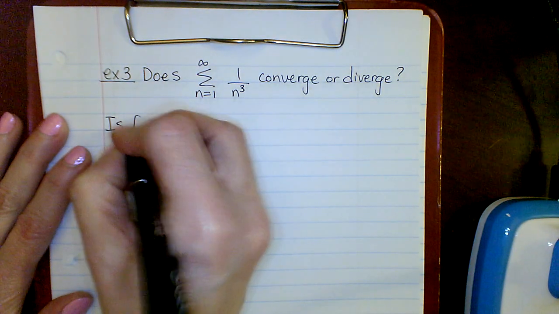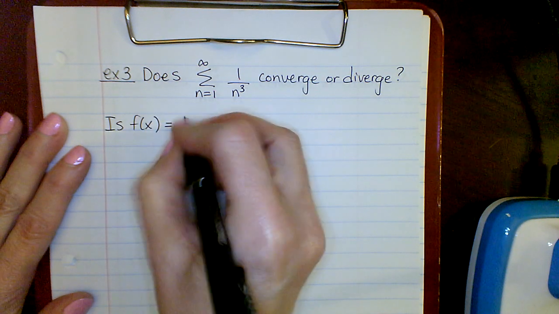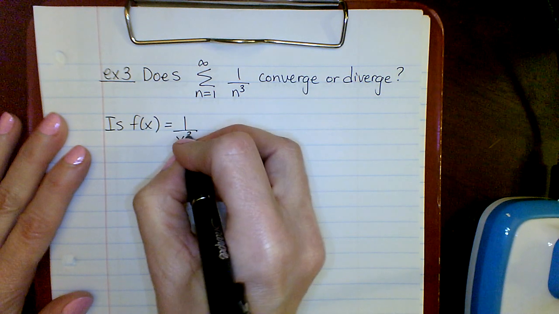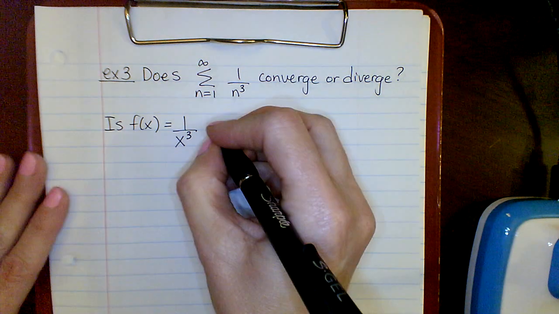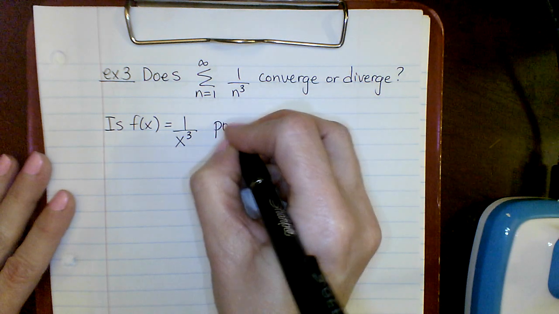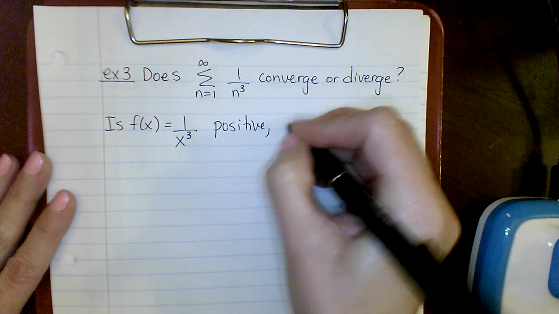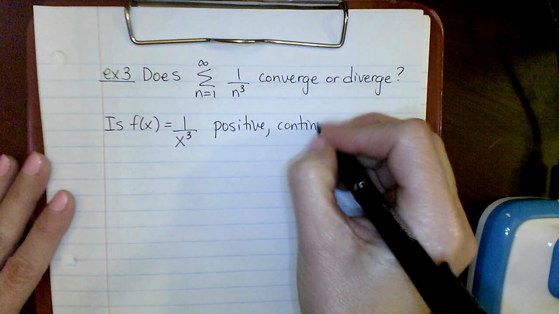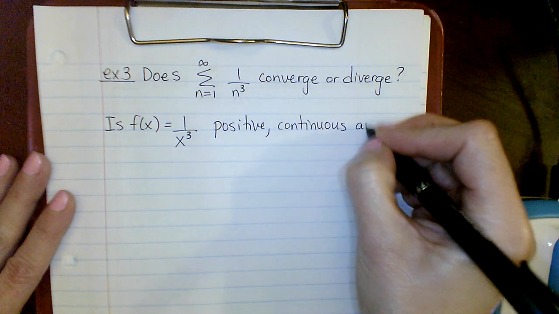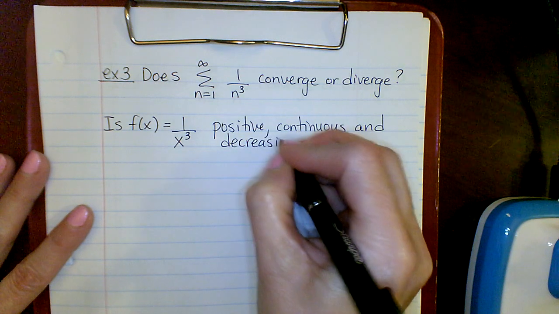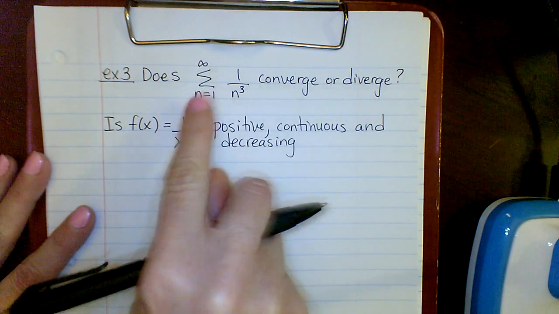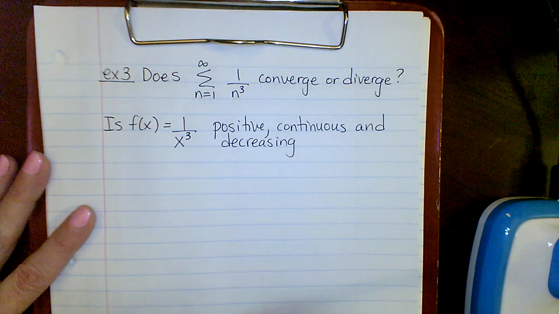So let's look at the function 1 over x cubed. Is this function positive, continuous, and decreasing? Doesn't have to be that everywhere, just from 1 on.